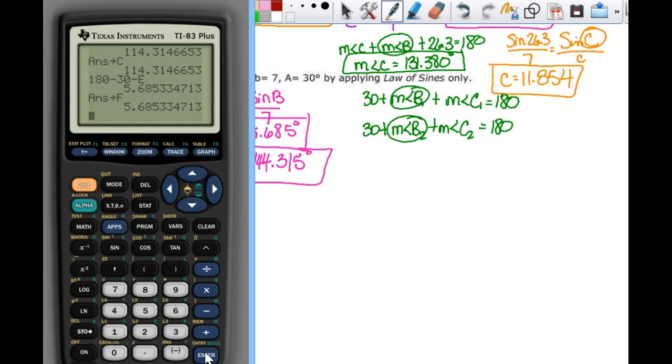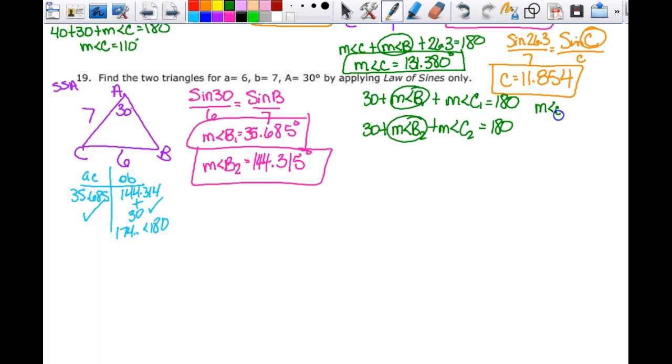So I'm going to come over here and write those down. So the measure of angle C1 is equal to 114.315 degrees, and the measure of angle C2 is equal to 5.685 degrees.